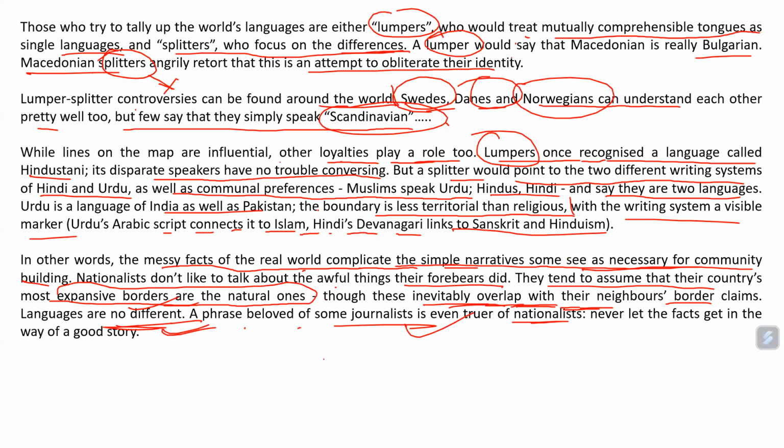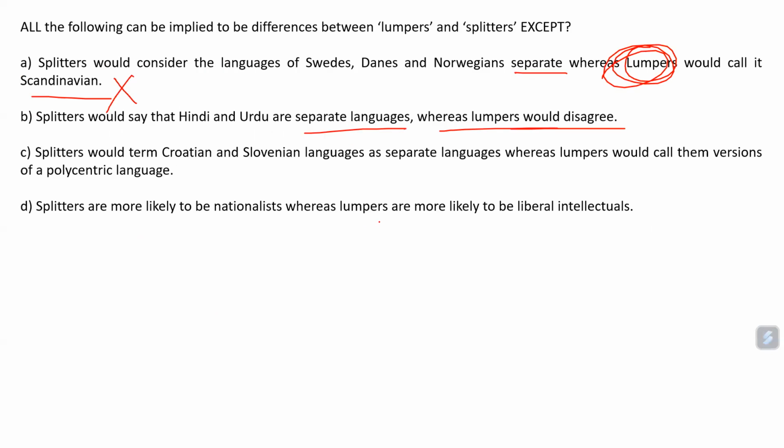But a splitter would point to the two different writing systems of Hindi and Urdu as well as communal preferences, right? So from this, what can we understand? We can understand that option B is implying a difference, right? We are trying to seek the difference that's given, and hence option B will not be my answer, right? Why? Because it is not talking about that difference.